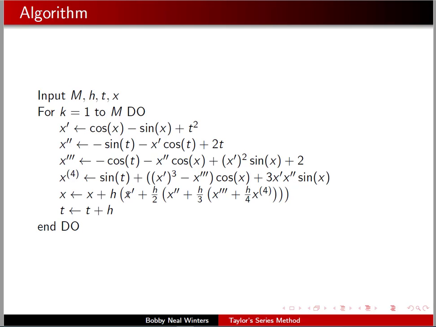Notice that I have it factored out here as to require the minimum number of multiplications. Okay, so this is a pretty tight algorithm, and then the next time around we'll get our next value of t by adding our h to this. Okay, so our h is our difference between the values of t, and we add to it each time going through this loop.